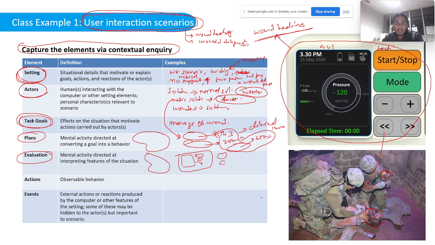So again he will have some sort of mental activities, and there are similar ways to capture those mental activities. And then you capture the actions. Whatever buttons he presses, whatever settings he puts, all that information will be visible.